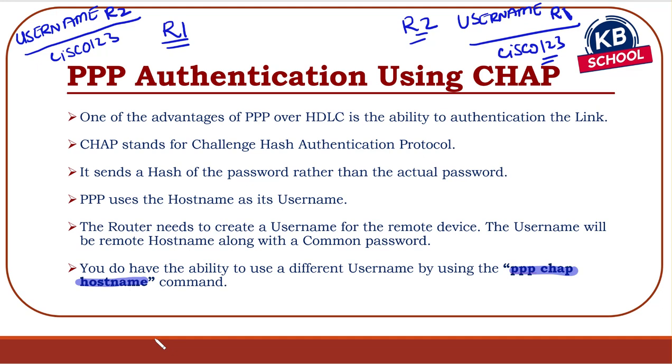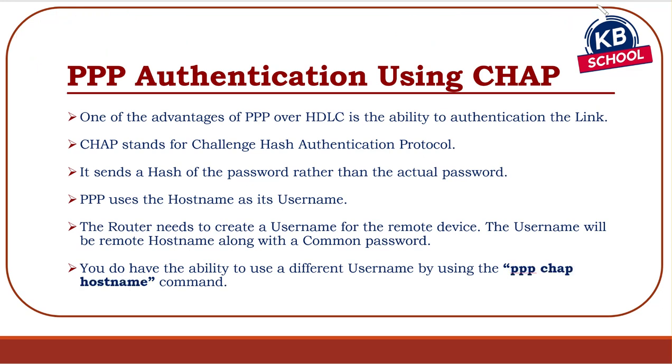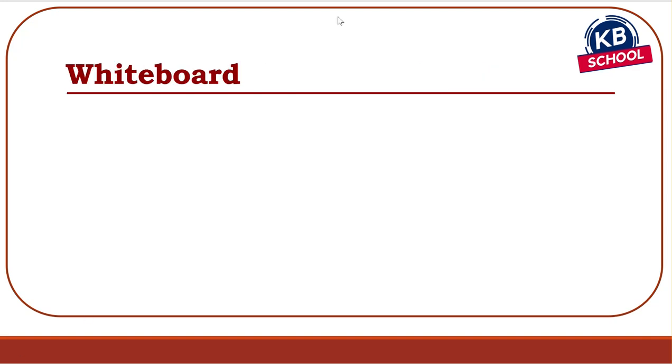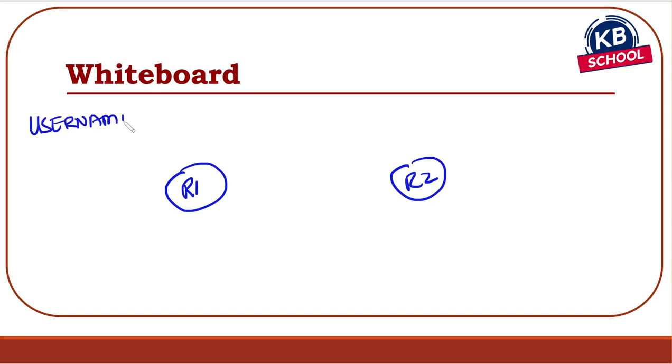We talked about it. Now you might say, well, if I don't specify any username or password to send, how do I know what to use? Let's go to the whiteboard and let me explain the way it works. With CHAP, when I create my username for the other guy, let's say this is router 2, I'll create a username for R2 with the password of, let's say, Cisco123.